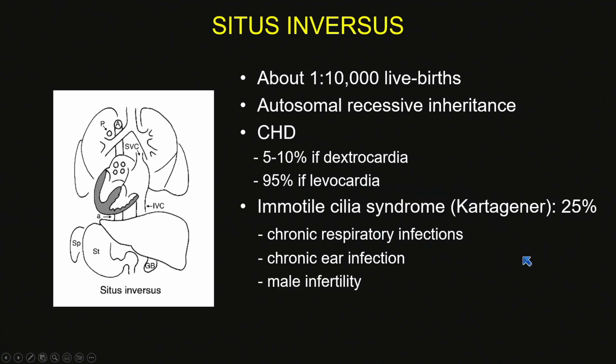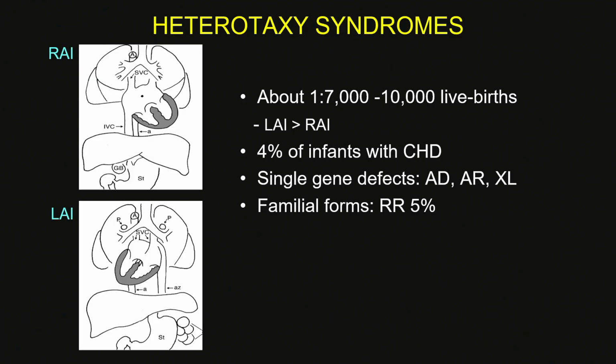There's an association with immotile cilia syndrome in 25%, which leads to chronic respiratory infections after birth, with chronic lung infections, bronchiectasis, chronic ear infections, and male infertility. So that's one of the things we usually counsel families about and do genetic testing after birth, or before birth if parents want to know that.